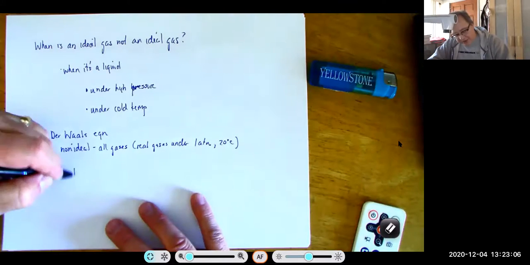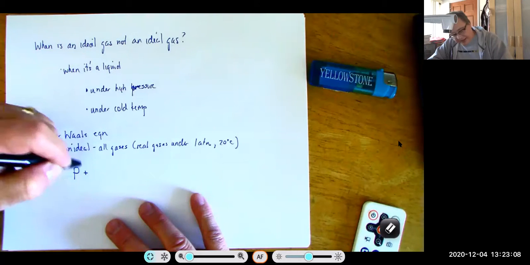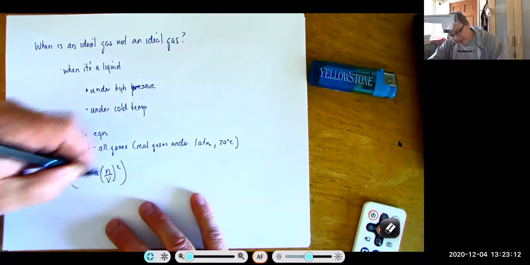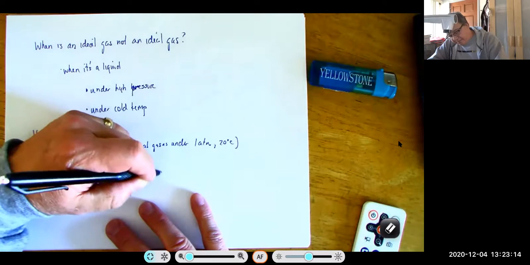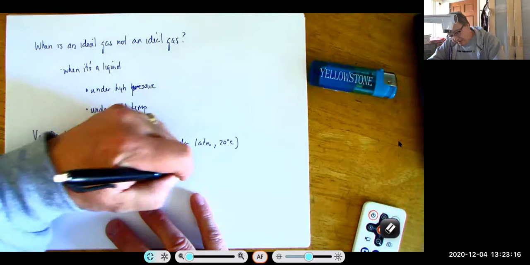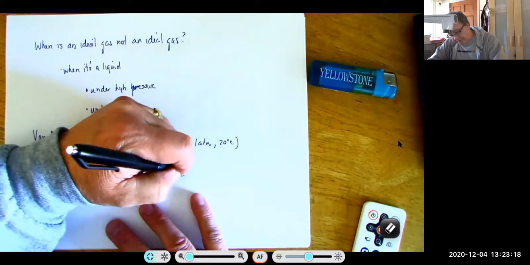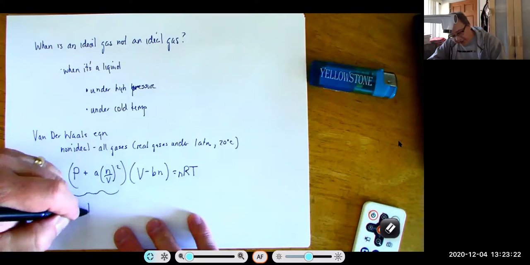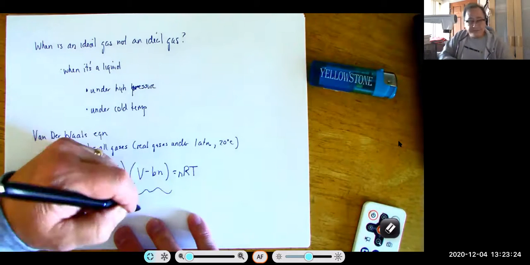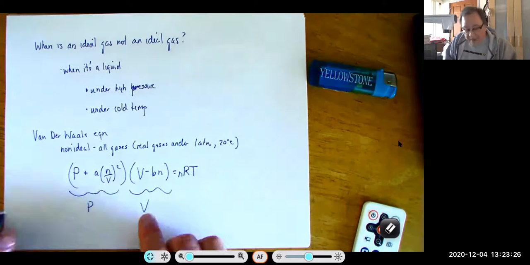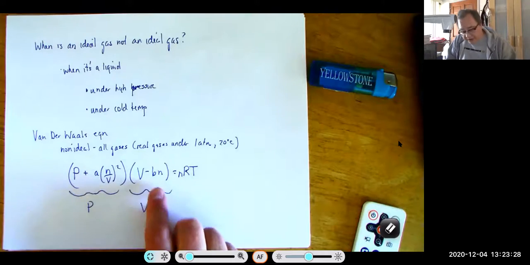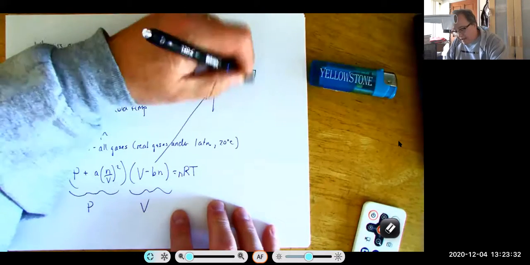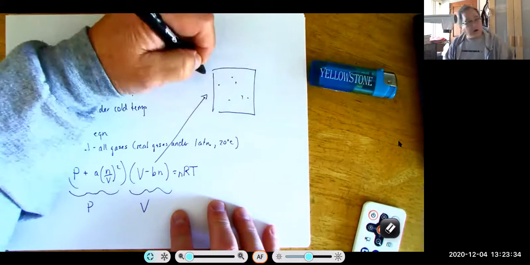We've got an equation that looks like this: (P + an²/V²)(V − nb) = nRT. So this is the equivalent of the pressure, and this is the equivalent of the volume. And what you should know about this is that this is a correction based on the idea that when we have a gas, we use this as the volume.